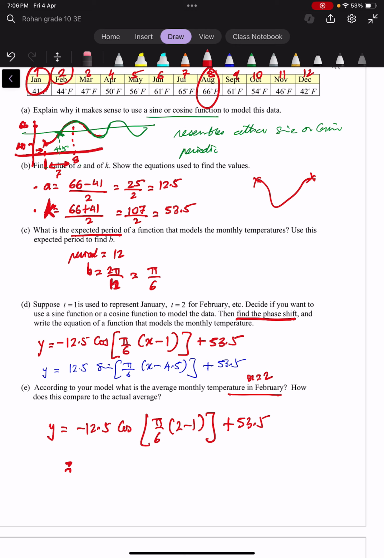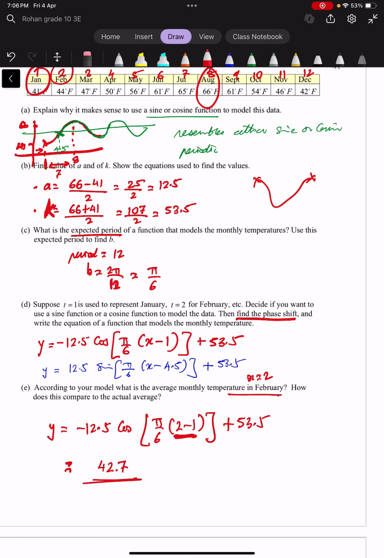Minus 12.5 cos pi divided by 6, plus 53.5, because 2 minus 1 is 1. What's the answer coming to? 42.7. That's what the model gives you.